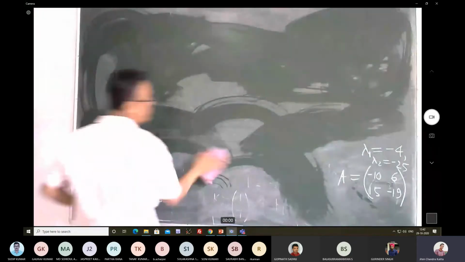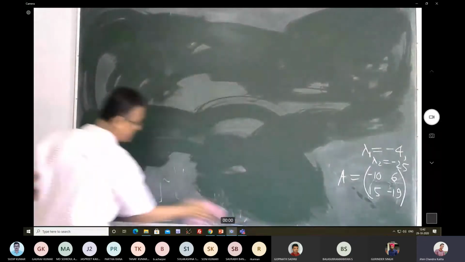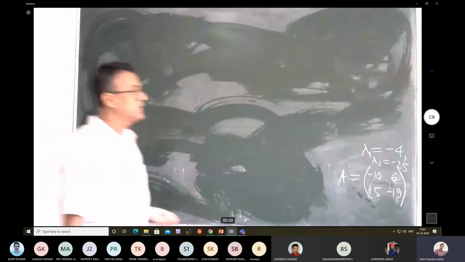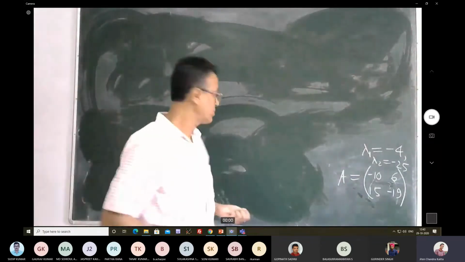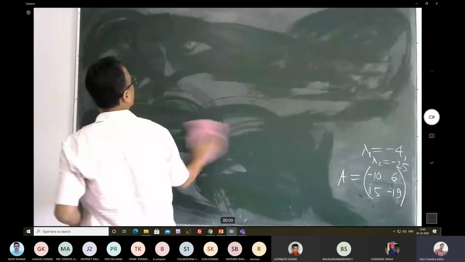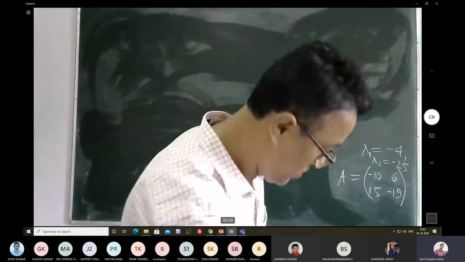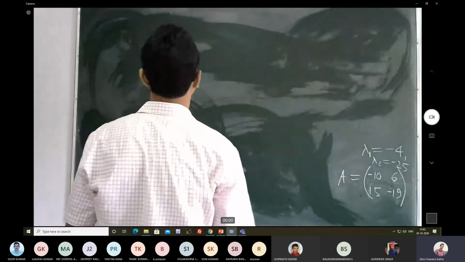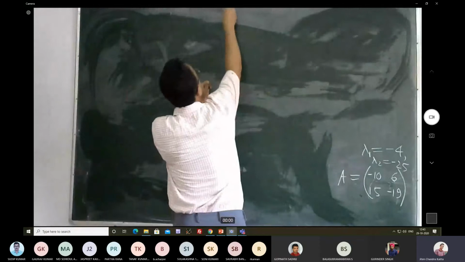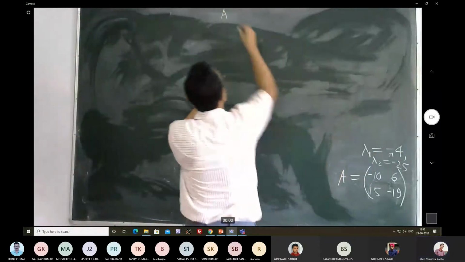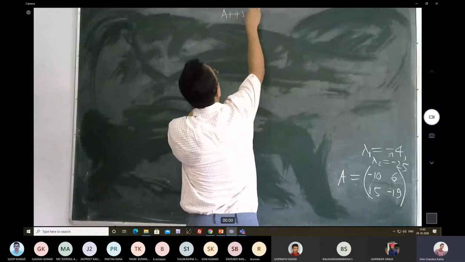So now, obviously, you can see that both of them are negative, right? So obviously, we are going to get a stable node. As before, simply find out A plus 4I.